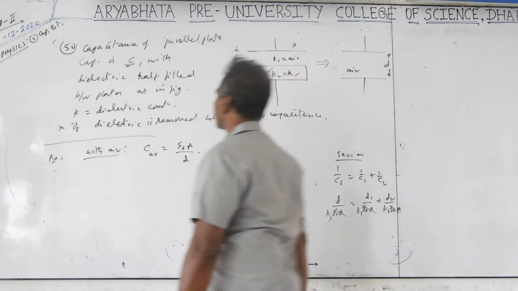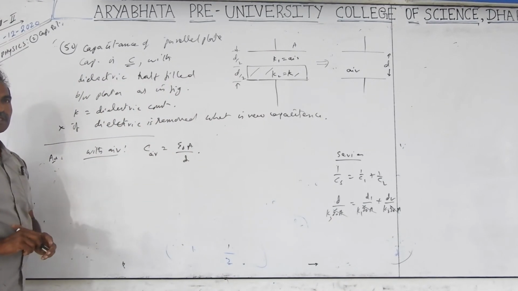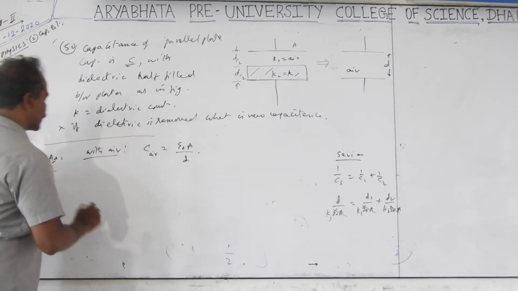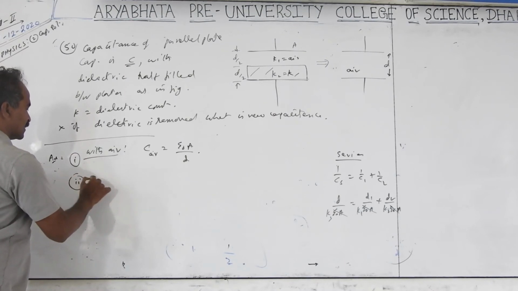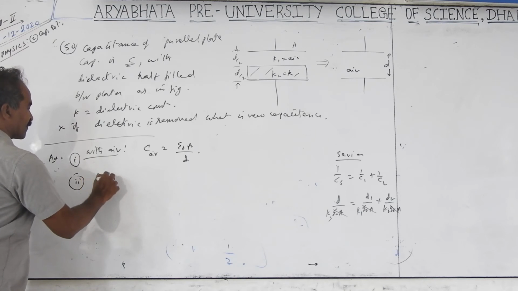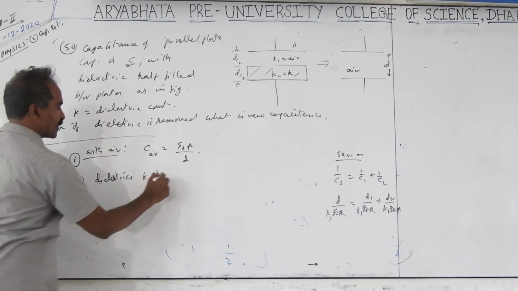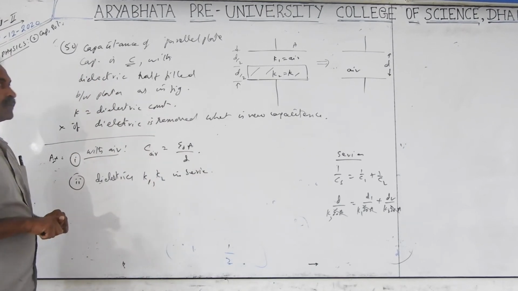Same here. This is with air we have taken. Now with a medium, two dielectrics in series. One is air, of course, that we substitute. This is the first case. Second case, dielectrics K1, K2 in series.